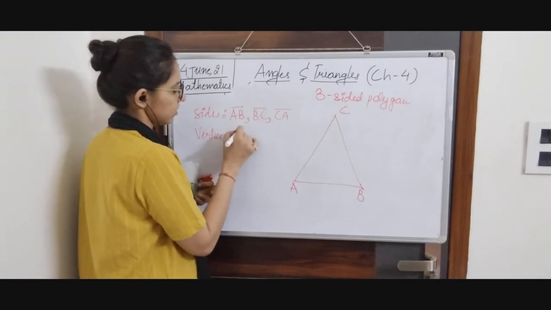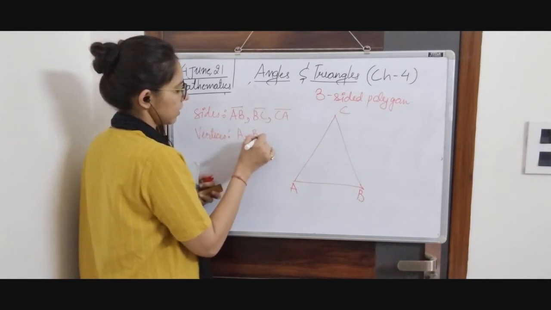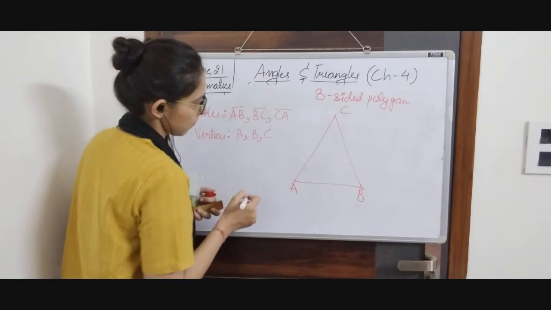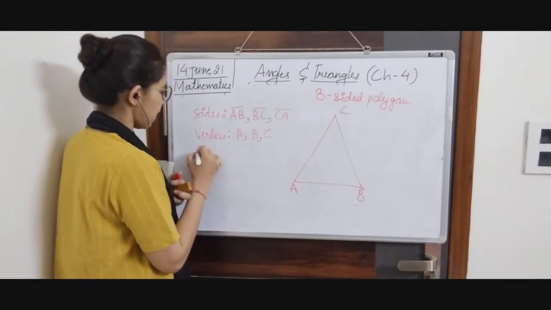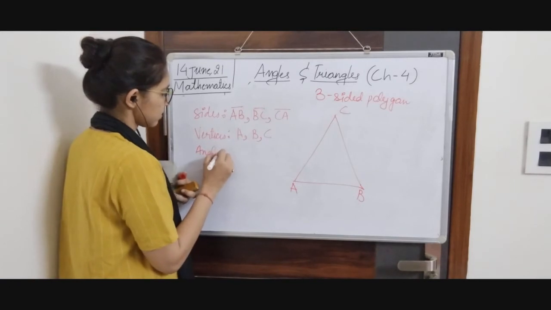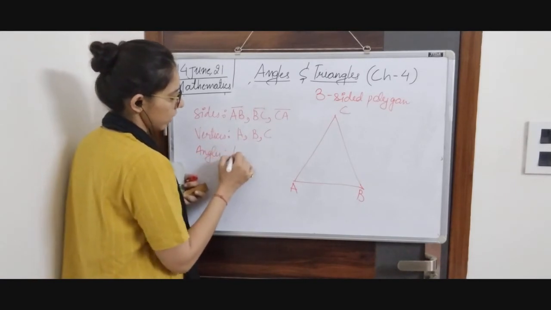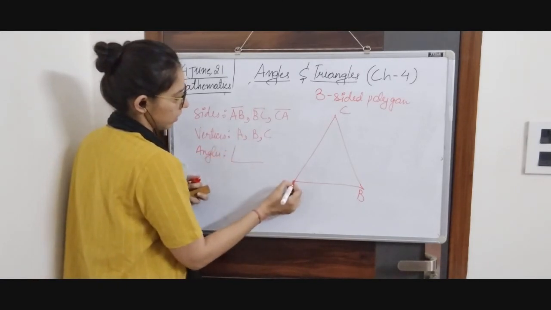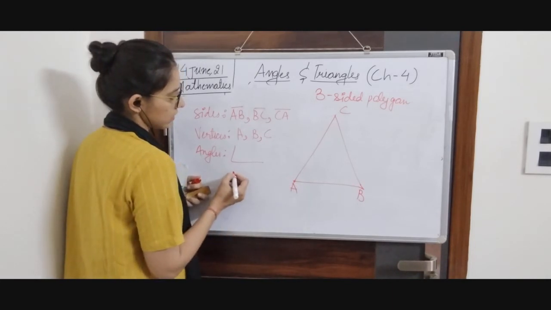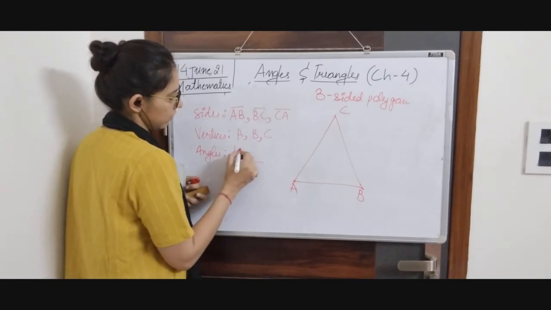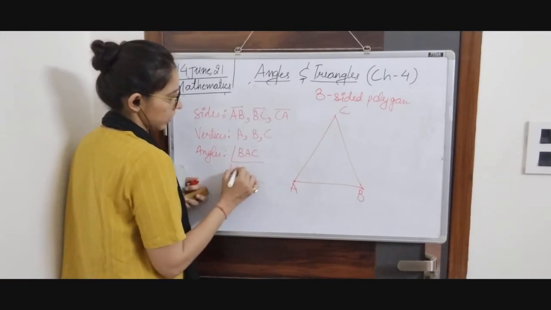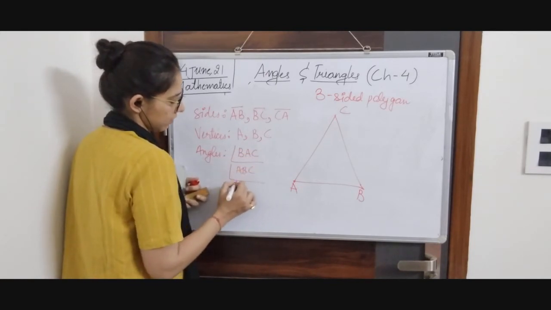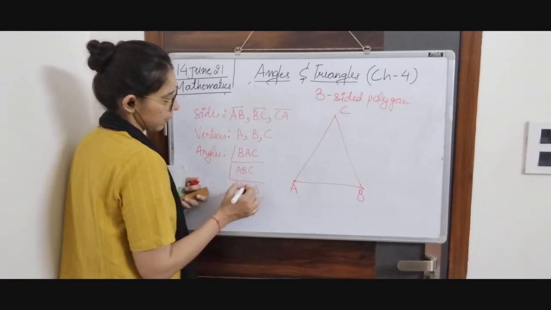The vertices are A, B and C, that is the endpoints of the line segments. The next we have is angles. We have three angles here: with A as vertex, it will be BAC. With B as vertex, ABC. With C as vertex, it will be ACB.